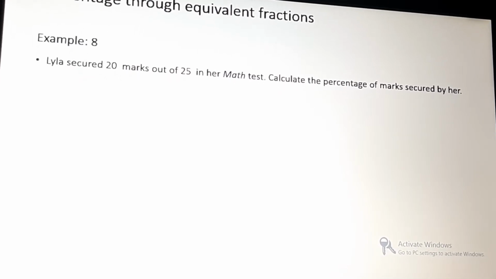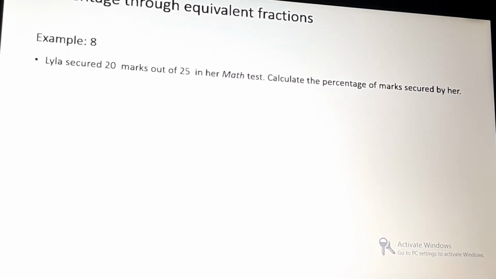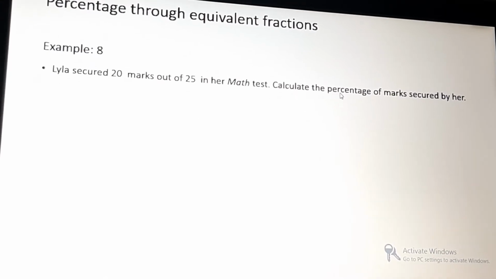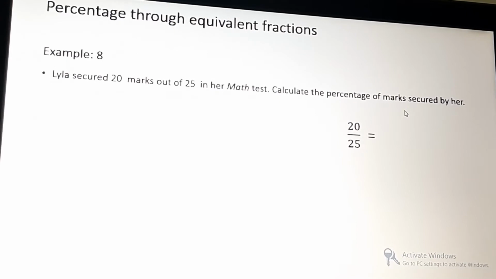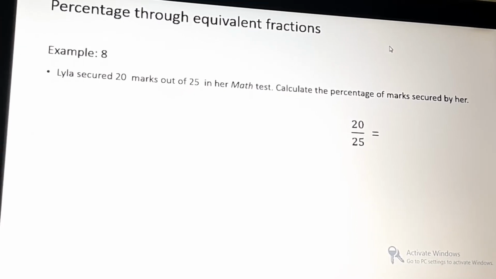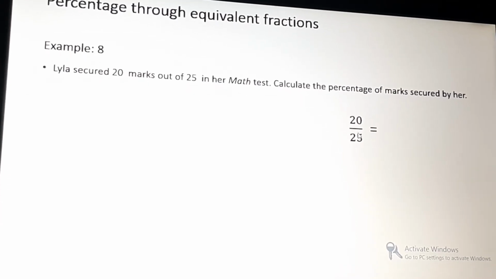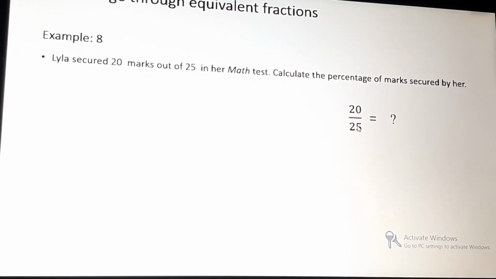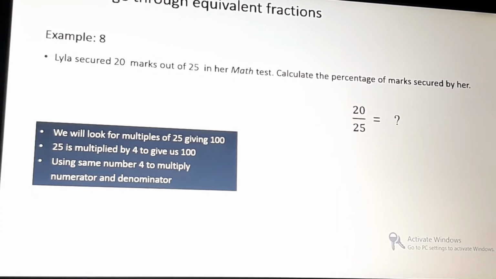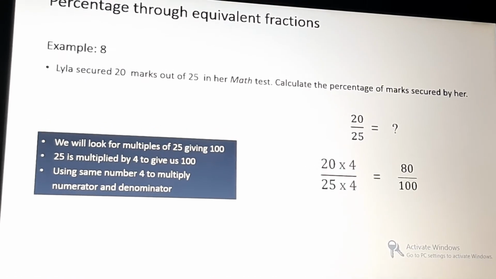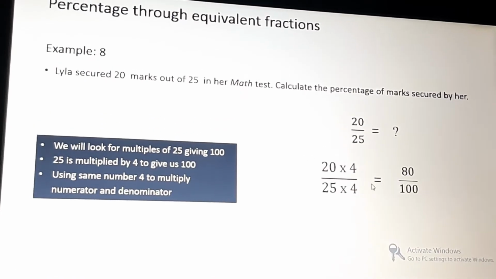That's great. Now let's do a word problem. Lila secured 20 marks out of 25 in her maths test. Calculate the percentage of marks secured by her. Means 20 marks out of 25, and we have to calculate the percentage. So remember what we have to do? We have to look for the number which when multiplied by 25 gives you 100.